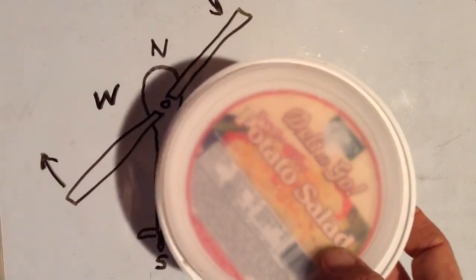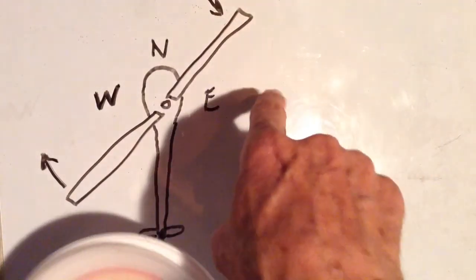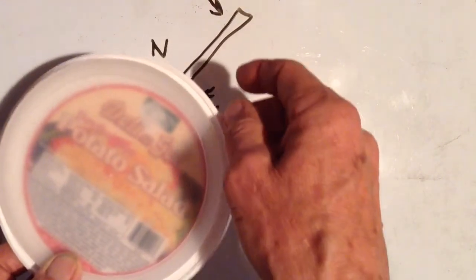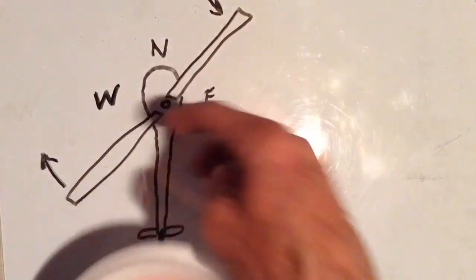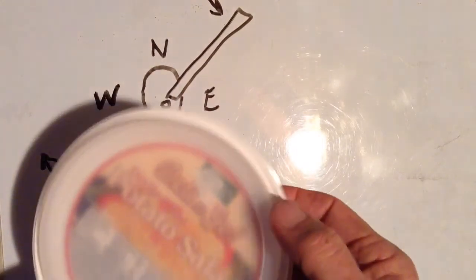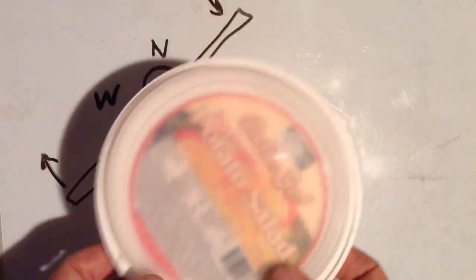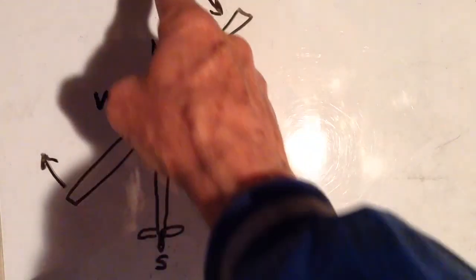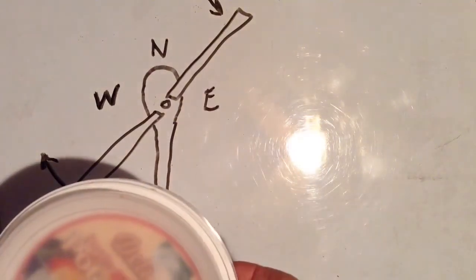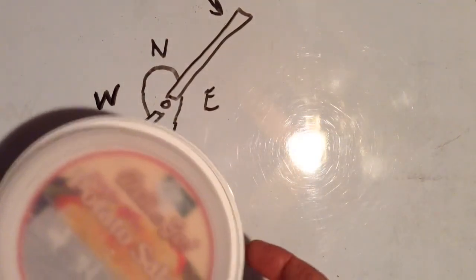When the rotor is on the east side, it has its greatest angle of attack. When the rotor is on the west side, it has its minimum angle of attack. When the rotor is toward the north or south, it has an average angle of attack.